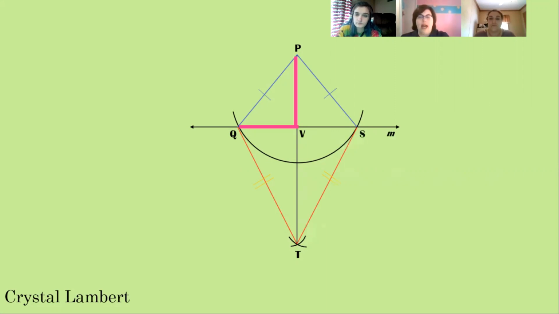Angles are adjacent when they have a common vertex, that's that V, and they have a common side, and they share the line segment PV. So in this case, we know that angle QVP is, in fact, 90 degrees.